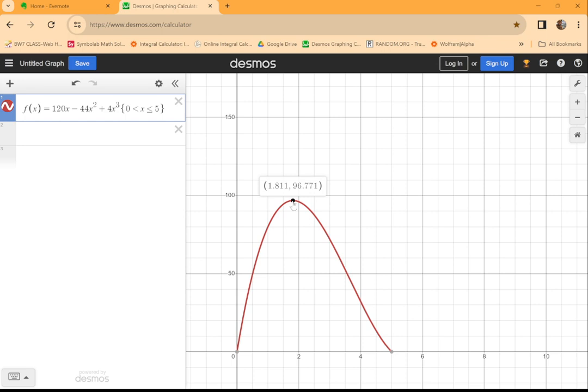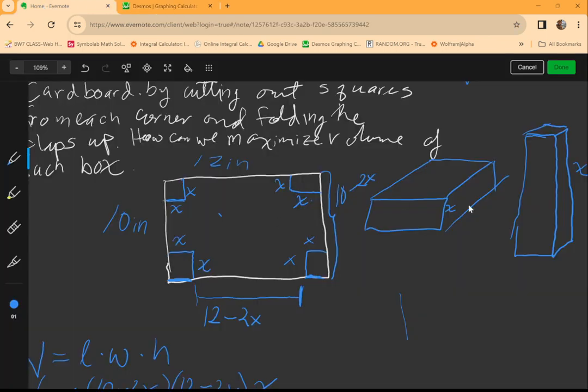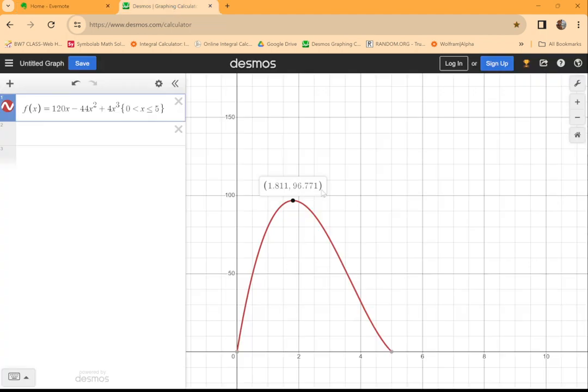And that corresponds to this 1.811 to be how much you should cut out, in other words, the height of the box. It should be 1.81 inches. Now in doing that, I will have optimized the volume, how much it can hold.